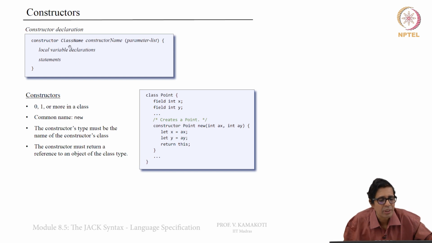Right. Now, the constructor basically looks like this: constructor, class name, constructor name followed by parameter list. So, this is how class Point works.